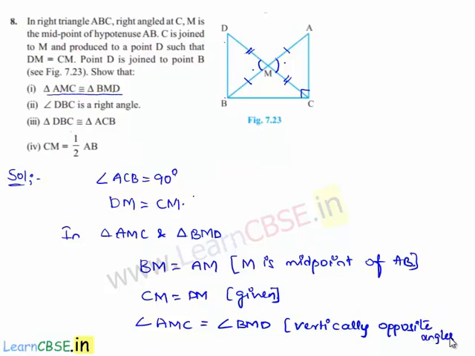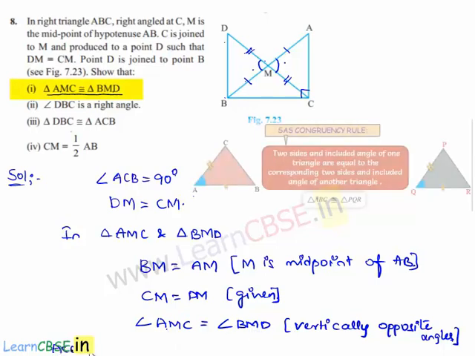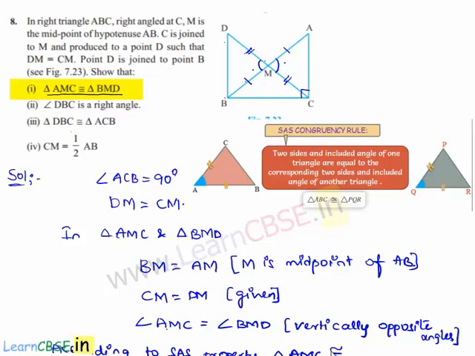Now, according to the SAS property, triangle AMC is congruent to triangle BMD, which is our first proof required.